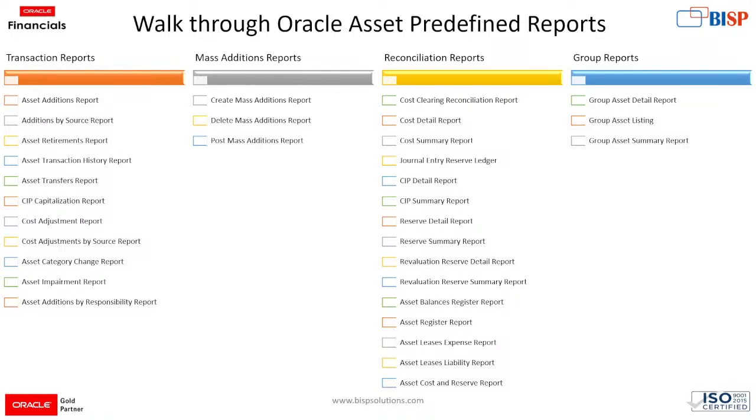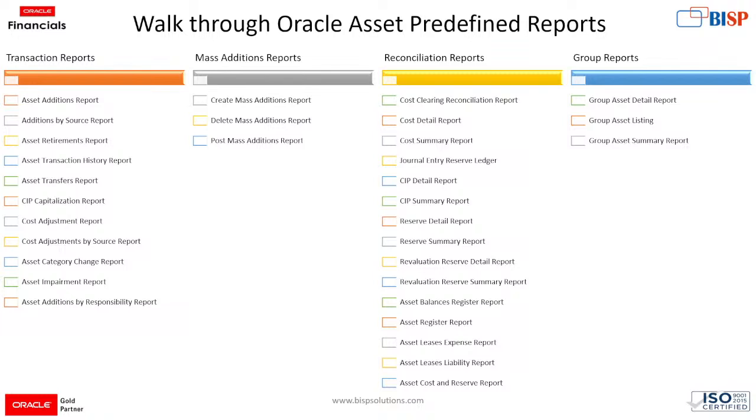Then asset lease, if you're following the lease assets, then you have lease related reports. Some of the lease related reports are asset lease expenses report, in which you can view the list of asset lease interest and expenses amount for a specific period.